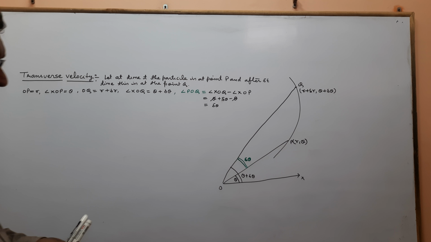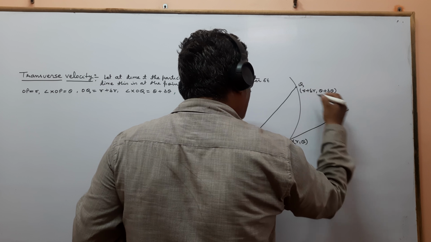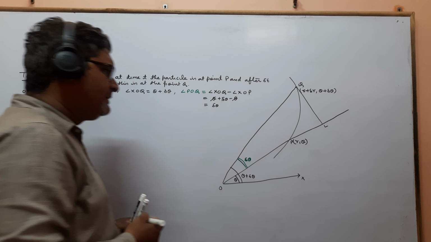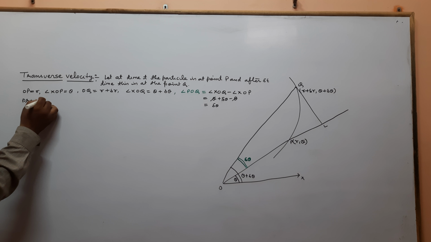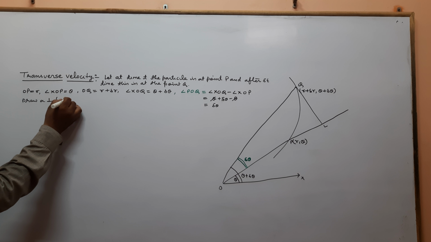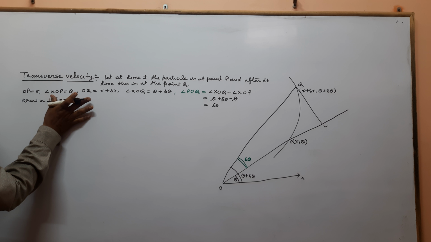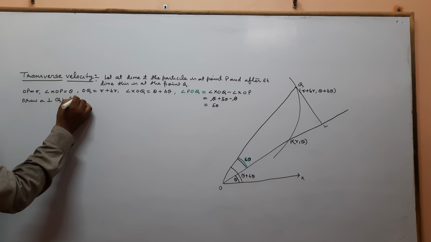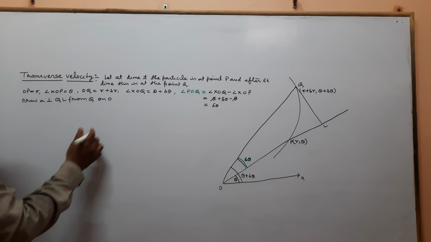Now we draw a perpendicular QL from Q on the radius vector OP.